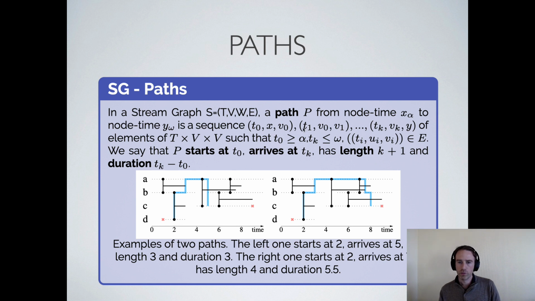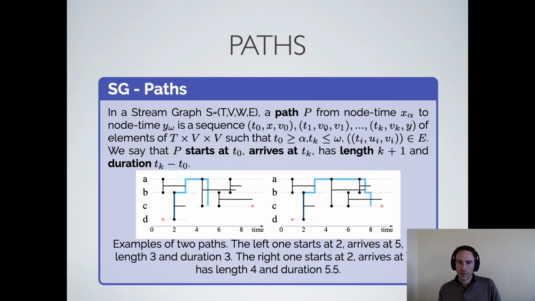Then we can move, at a later time, from node v0 to node v1, and so on and so forth, until reaching a last hop at a time tk, from the node vk to the destination node y.